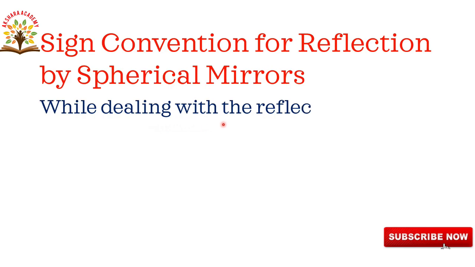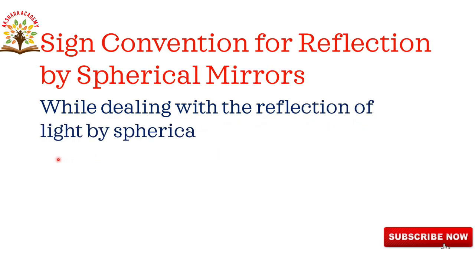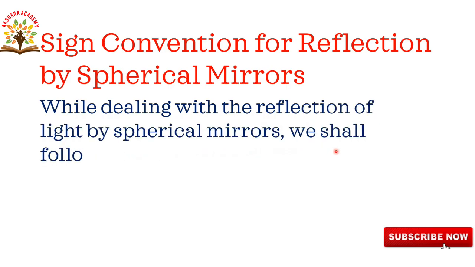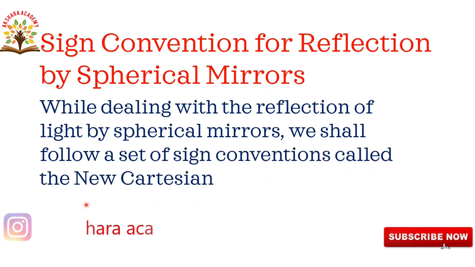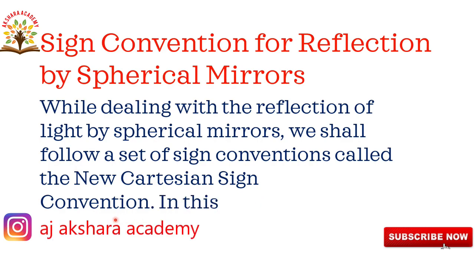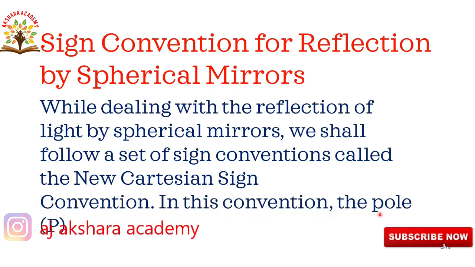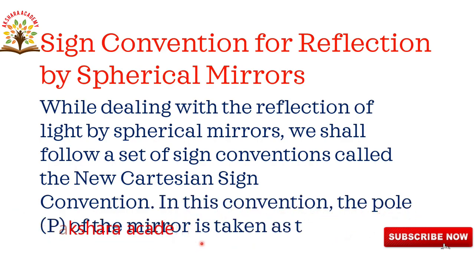While dealing with the reflection of light by spherical mirrors, we shall follow a set of sign conventions called the new Cartesian sign convention. In this convention, the pole of the mirror is taken as the origin.